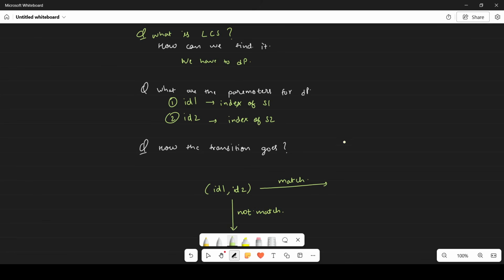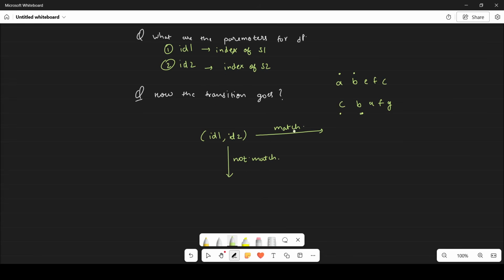Like in this case above, let's say you have a string A, B, E, F, C, and another string is C, B, A, F, G. If you call your recurrence from 0 comma 0, it is easily seen that the 0th character is not matching. But somehow when you reach index one, then you will see that the character is matching. So there are two possibilities: first matching character and the second not matching character.